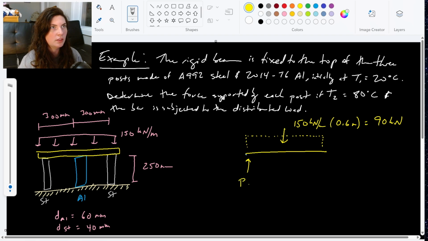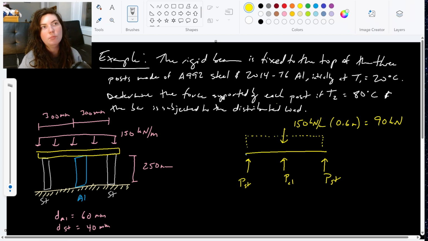And then I have the load from the steel, load from the aluminum, load from the other steel beam. And what I can do with my free body diagram is set up my equilibrium equations, right? So I can do my summation of y forces, but we notice that our diagram is exactly symmetrical.